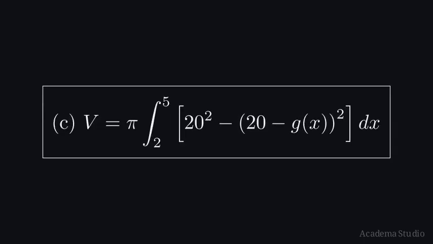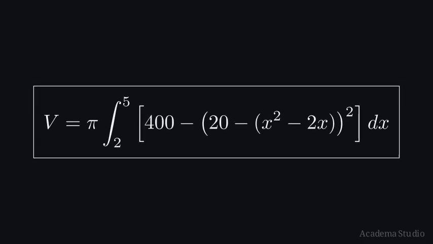The final answer, V equals pi the integral from 2 to 5 of 400 minus (20 minus x squared minus 2x) to the power of 2 dx.